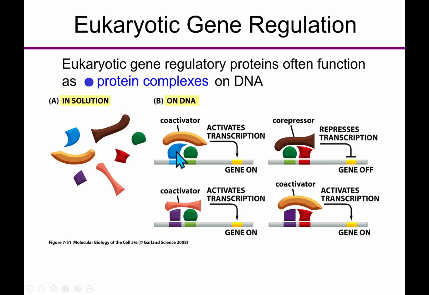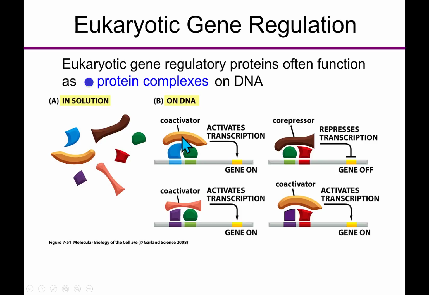So a blue protein binds to this blue sequence, green protein binds to this green sequence, and they may recruit another protein, and together this complex will activate transcription. Here's another option, maybe in green, you bind to this green sequence, red, you bind to this red sequence, they recruit another protein, and together again, as a protein complex, notice in this case, you repress transcription.